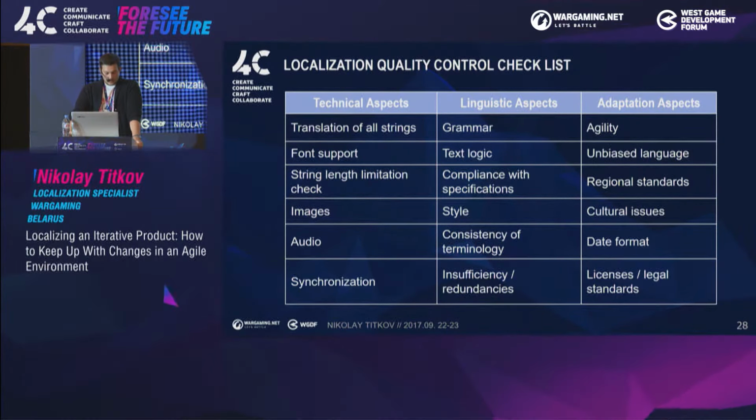All these aspects require significant expertise, and this expertise is rather peculiar because you have to be both a QA engineer and linguist. And in addition, you have to know the culture of the country you are QAing for.